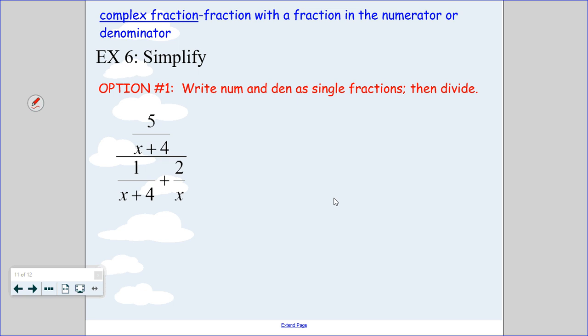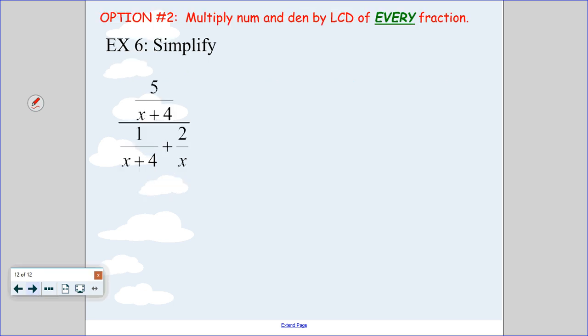I want to show you the other method. I like option 2 better, because you don't have to figure out how to combine the fractions. You get to cancel things. So this is the same fraction. Option 2 is to multiply the numerator and the denominator by the least common denominator of every fraction.